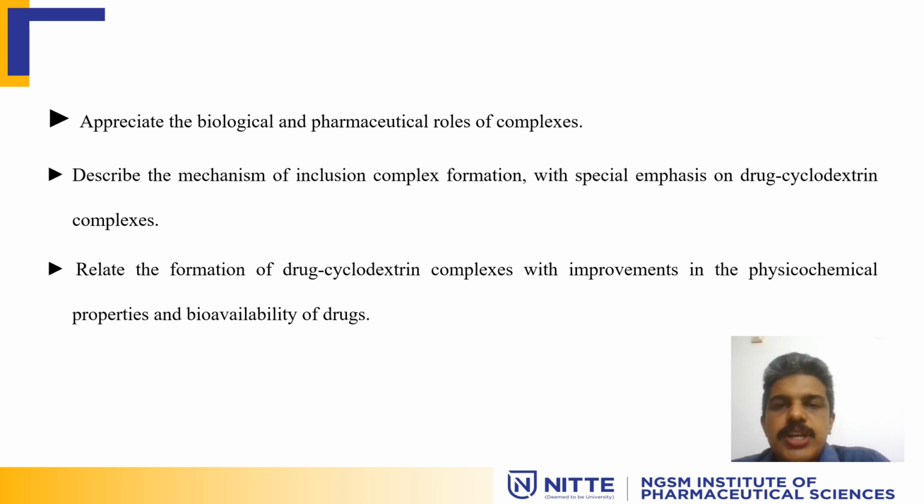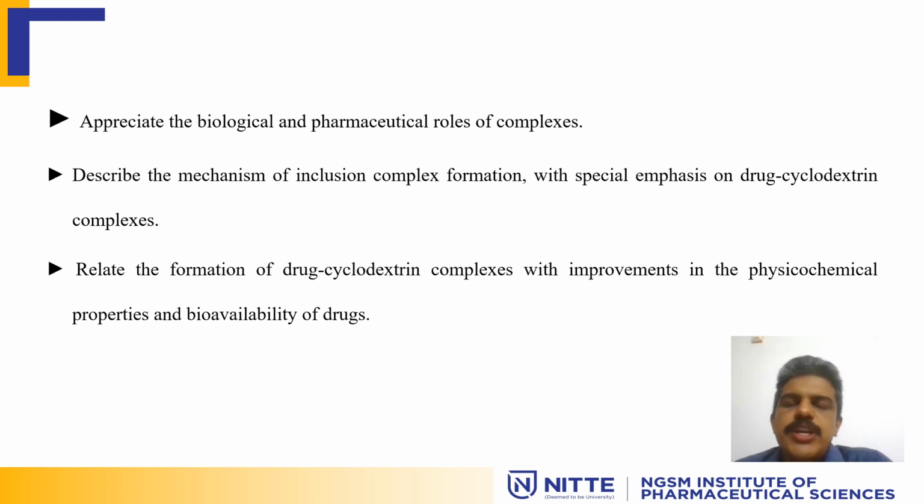I already told you that A and B are the individual components. We can assume that A is the drug molecule and B is the complexing agent, like cyclodextrin. So once A and B react together to form complex C, the property of complex C will vary from both A and B. Similarly, once it forms a complex, it may enhance or improve the physicochemical properties of the drugs, and at the same time, it improves the bioavailability of the drugs.